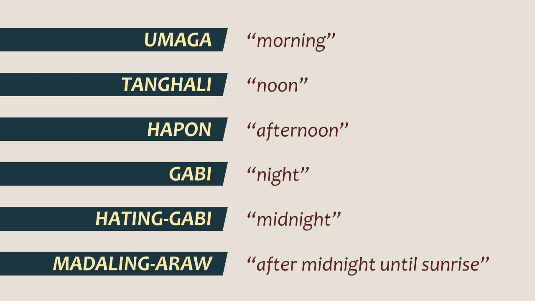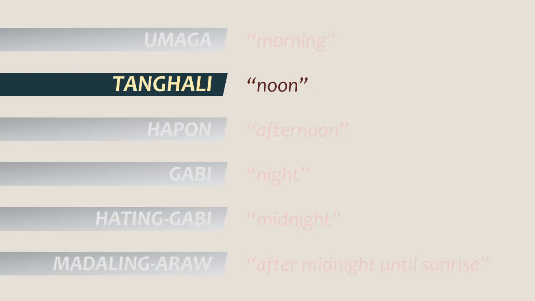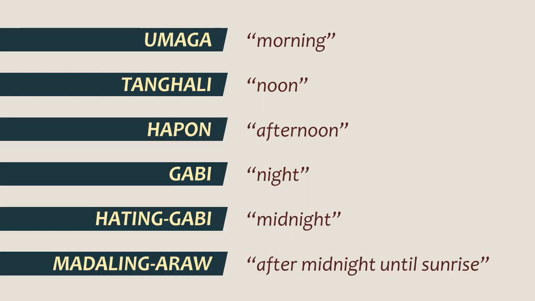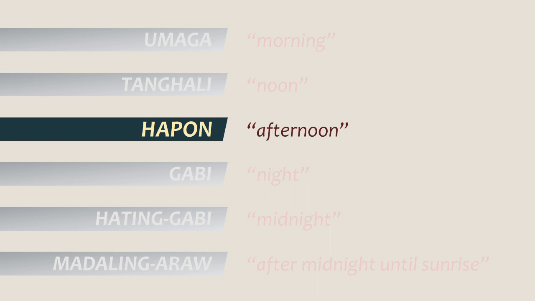Now, as soon as it is 12 noon, it's already tanghali. Tanghali is between 12 noon to 12:59 p.m. After that, it's going to be hapon. Hapon is afternoon, and this is between 1 p.m. until the sunset.